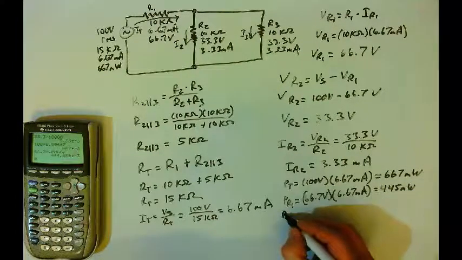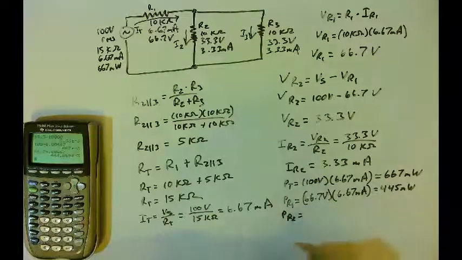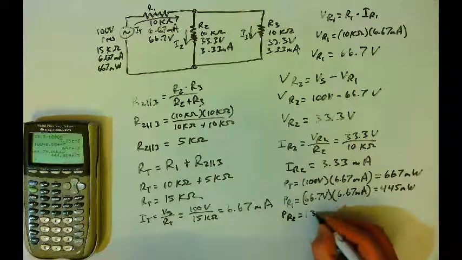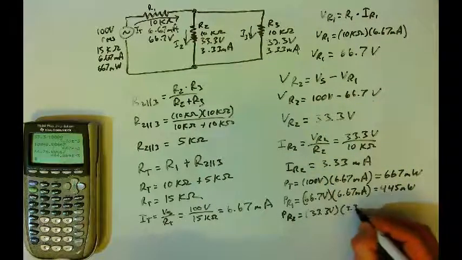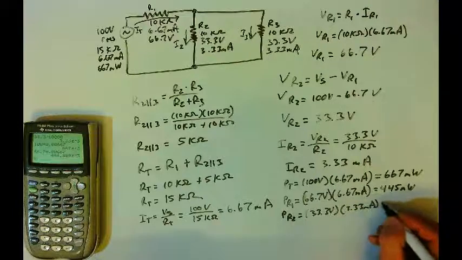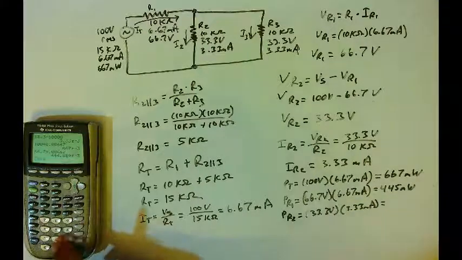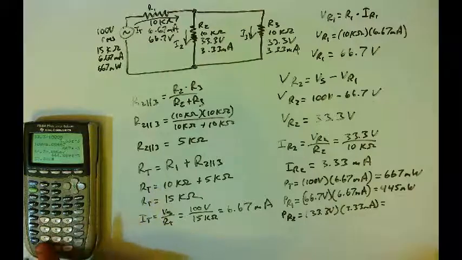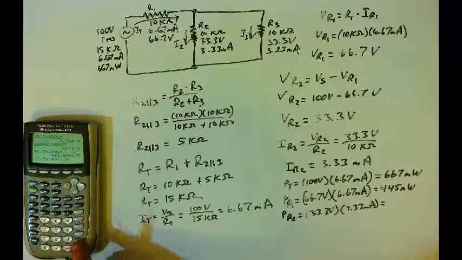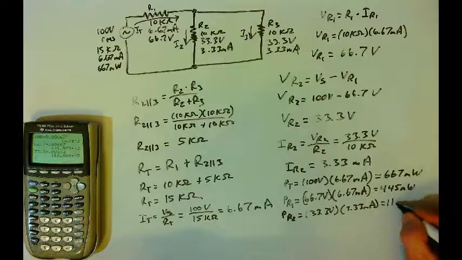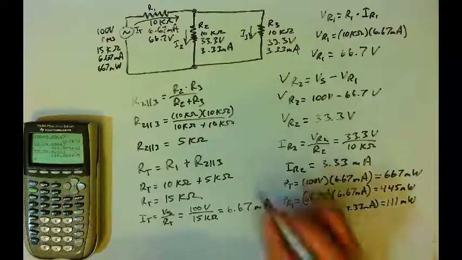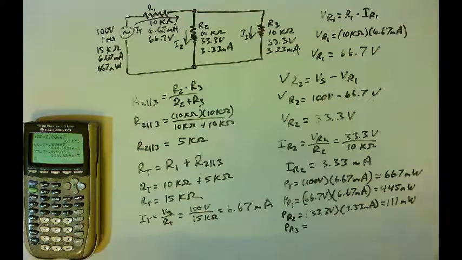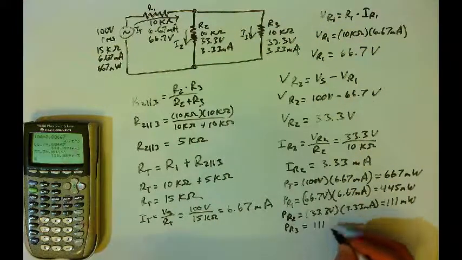The power in R2 will be the voltage, which is 33.3 volts, times the current, which is 3.33 milliamps. And so we have 33.3 volts times 3.33 milliamps, and we're going to get 111 milliwatts. Well, the power in R3 is going to be the same as R2 because they have the same voltage and the same current, and so it'll also be 111 milliwatts.